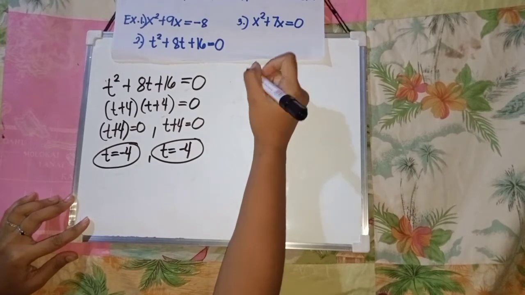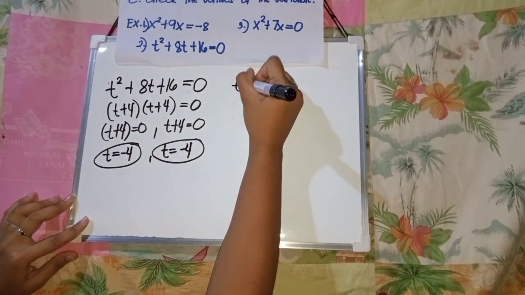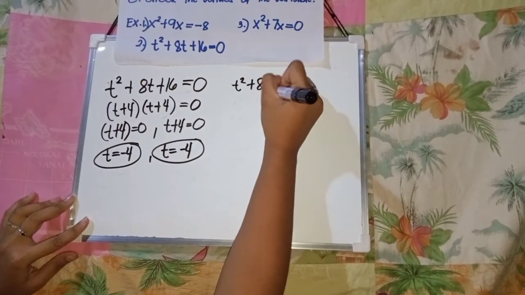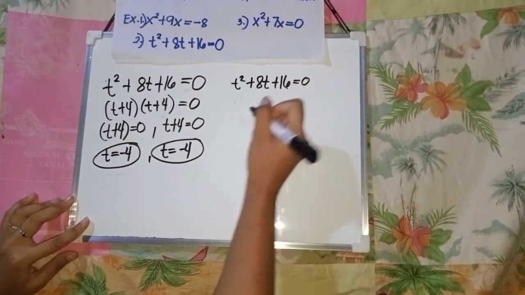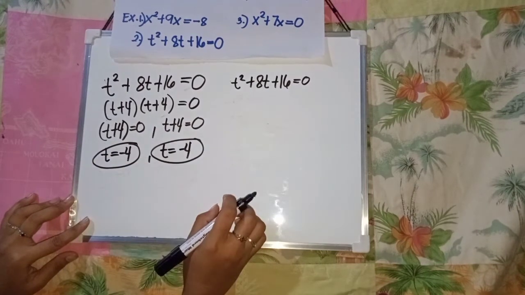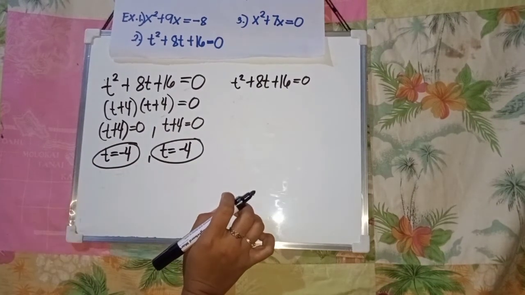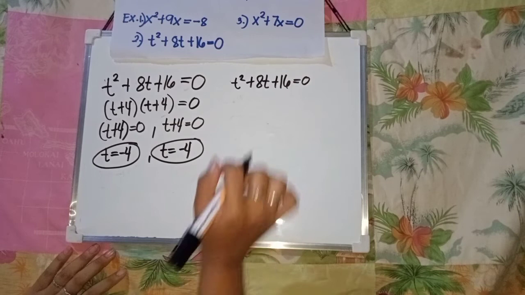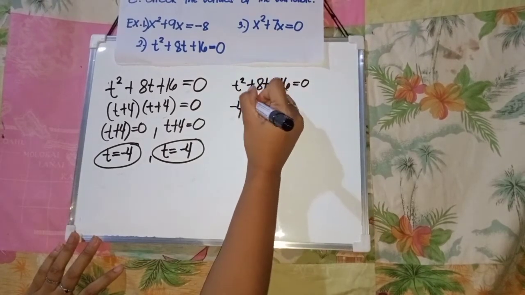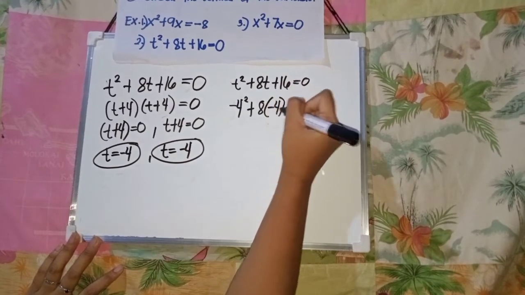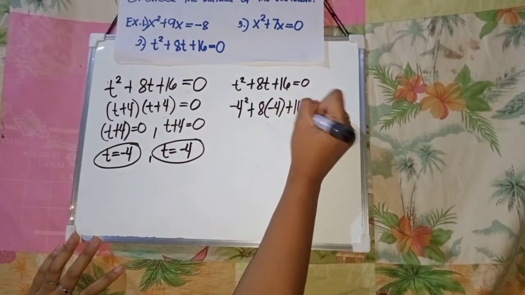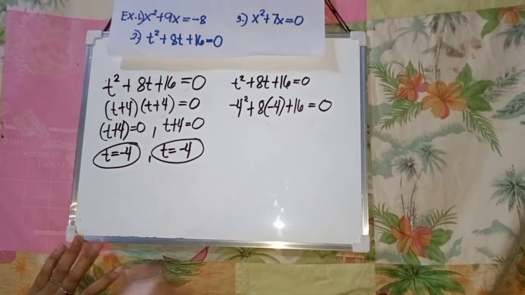For the checking, t squared plus 8t plus 16 is equal to 0. Since our value of t is the same, we can do only one checking for this. So, negative 4 squared plus 8 times negative 4 plus 16 is equal to 0.